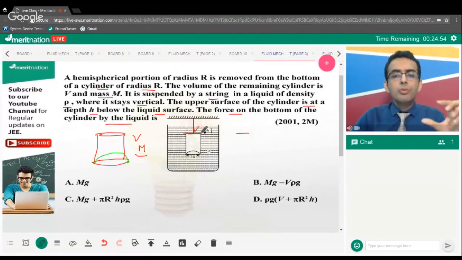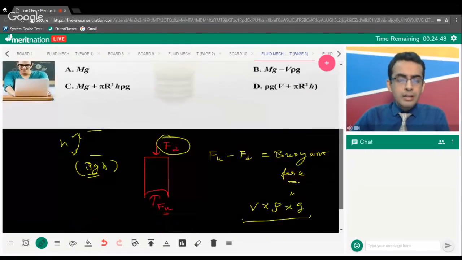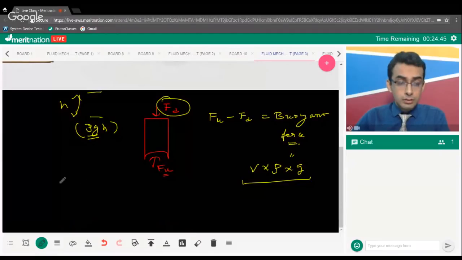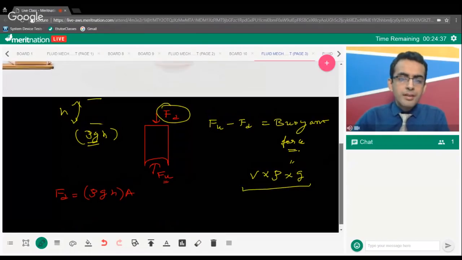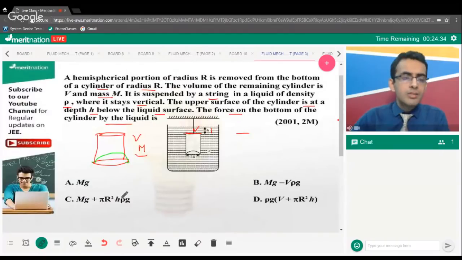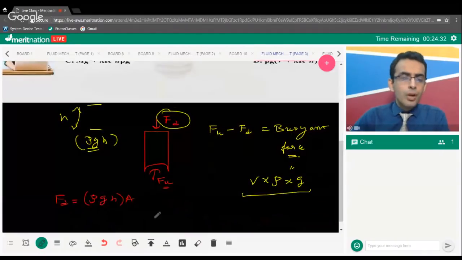So the amount of water is up to height h. So the downward force is equal to rho gh multiplied by the area of cross section. Now in the question, it is given that capital R is the radius. So rho gh multiplied by pi R square, this is the downward force, right?